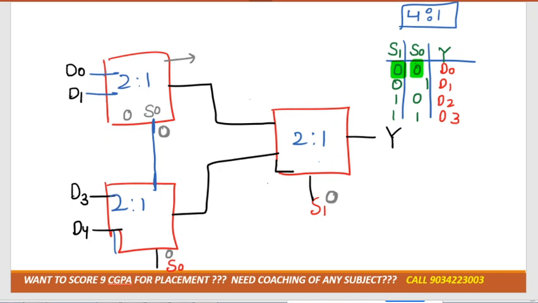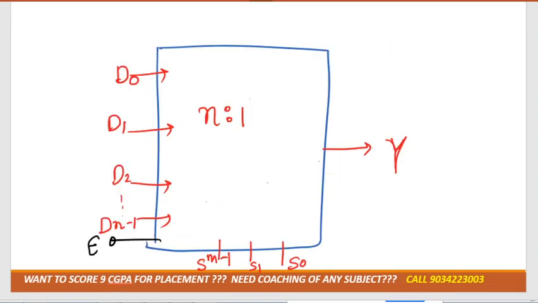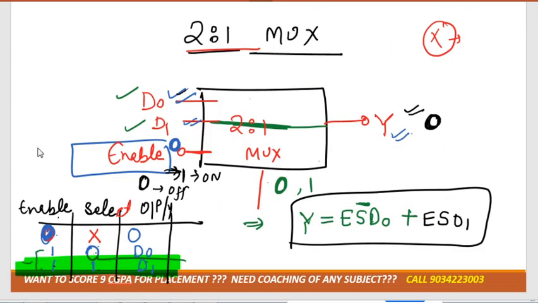Remember we have done the 2 is to 1 mux. If I select 0 as the select line, then is the output the first term or the second term? Think over it. If I select 0, then is the output D0 or D1? D0.